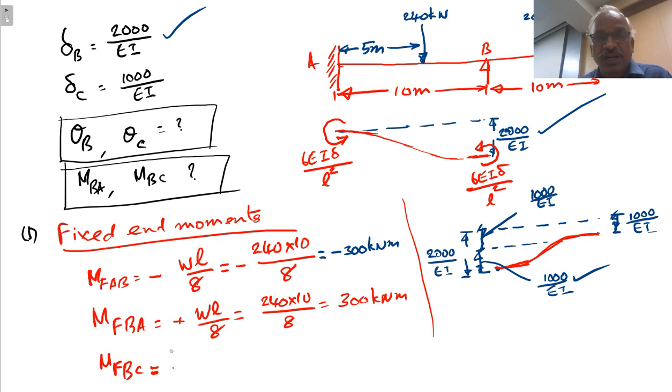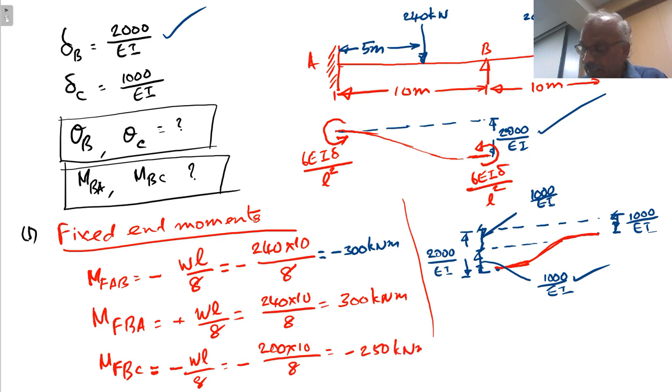That is also subjected to central load, therefore it is minus WL by 8. So it is minus WL by 8 equal to minus, W is 200, L is 10, by 8 equal to minus 250 kilonewton meter.